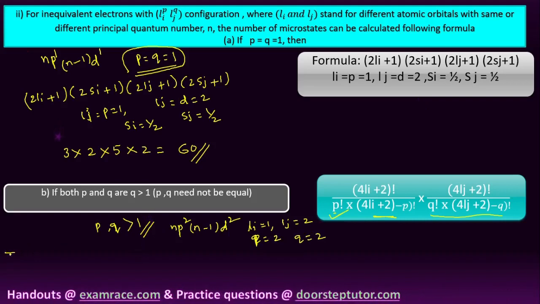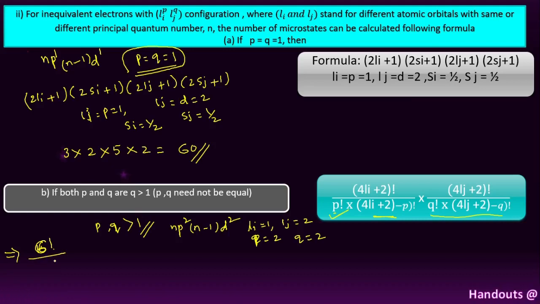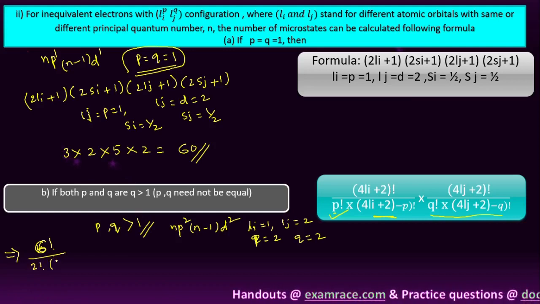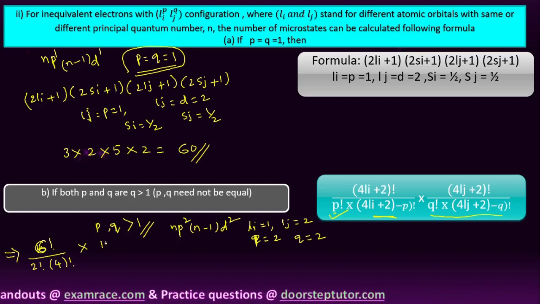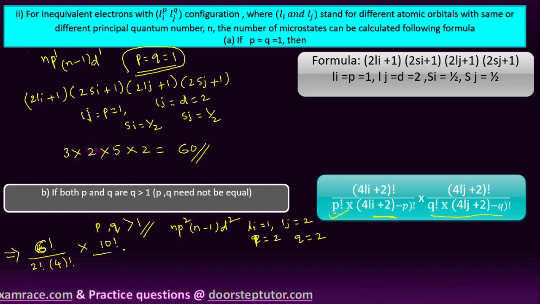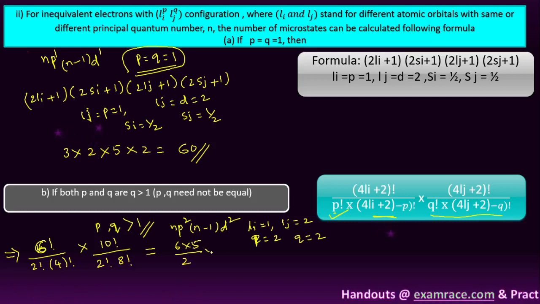We substitute all this data into the above formula. It gives 6!, that is 4 into 1 plus 2, divided by 2! into (6 minus 2)!, that means 4!, multiplied with 10!, divided by 2! into 8!. After simplification, it becomes 6 into 5 divided by 2, and 10 into 9 divided by 2.